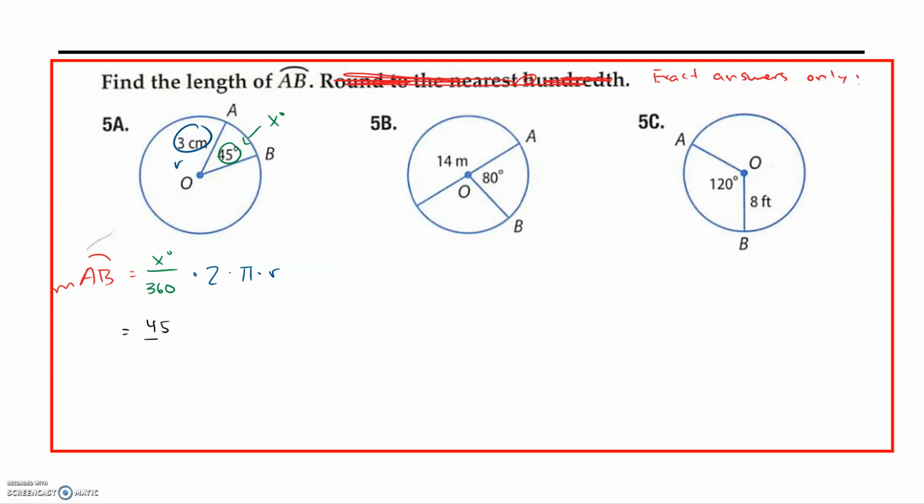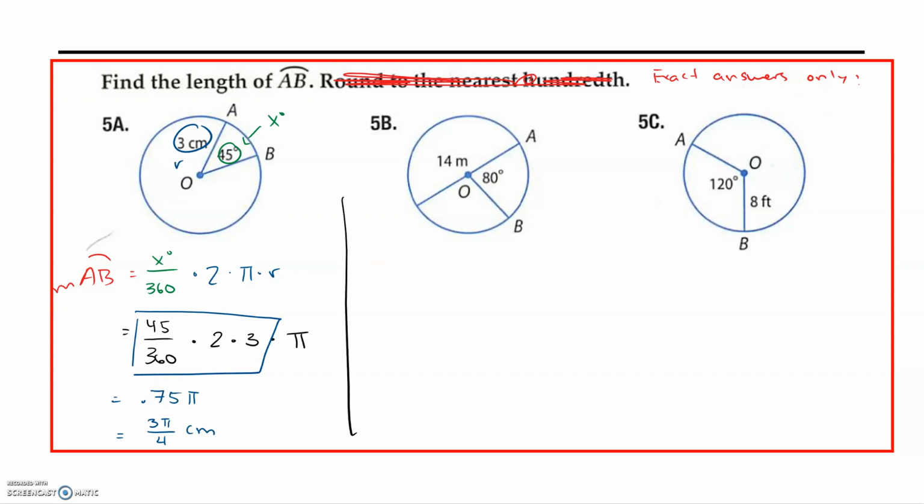So we'll do 45 divided by 360 times 2 times, and I'm going to write the radius times pi because all we're going to do is plug this into our calculator. So 45 divided by 360, just times 6, because that's what 2 times 3 is, 0.75, and I don't like that, and you know how I feel about decimals. So we could write 0.75 pi, or it's 3 pi over 4 centimeters.